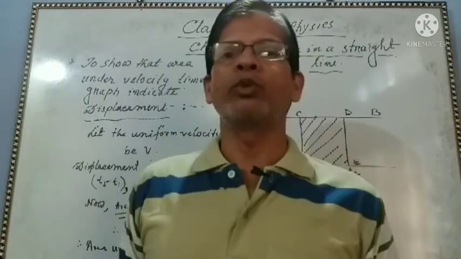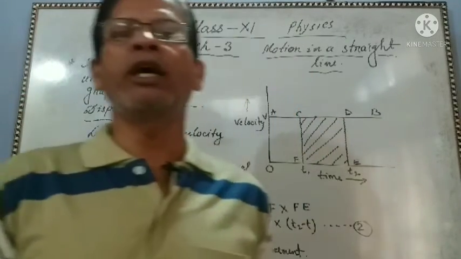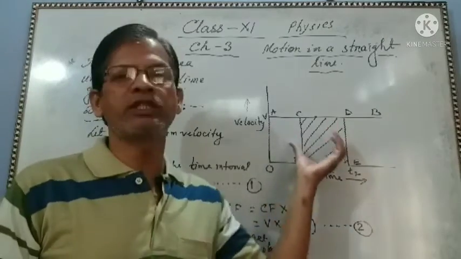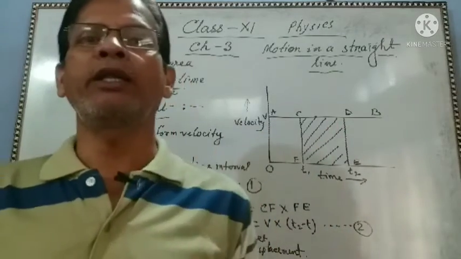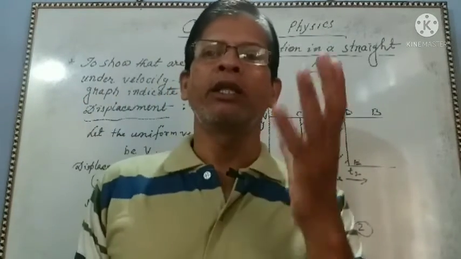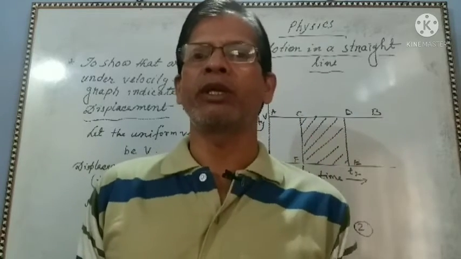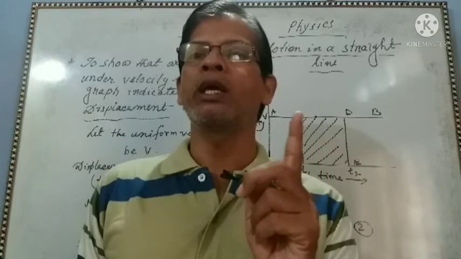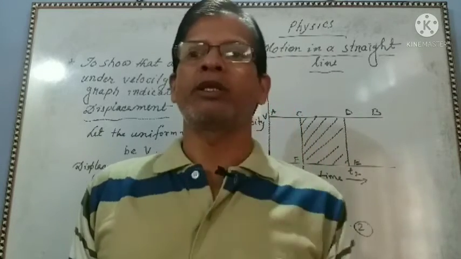Sometimes you will get a numerical to find the displacement from this graph. So you will only find the area, and this area will be the displacement, and at that time you have to use the unit of displacement.